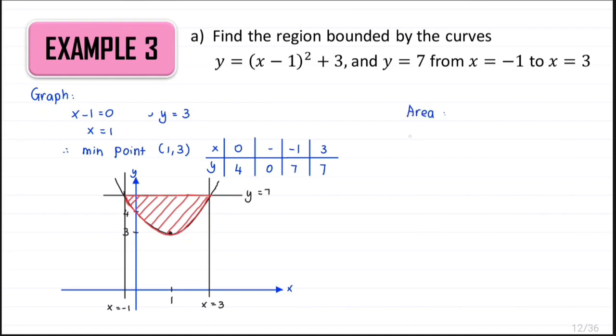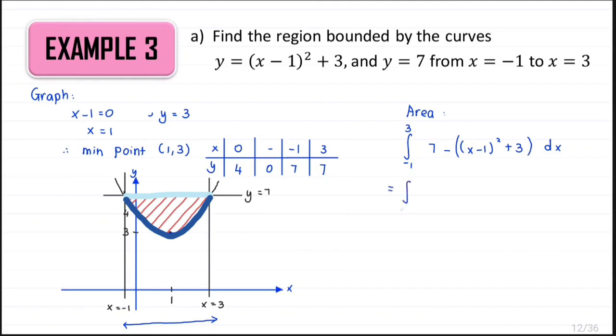Now we find the area. We integrate from -1 to 3, y equals 7 minus y equals (x minus 1) squared plus 3, dx. We take above minus below. So above is y equals 7 and below is the quadratic function.